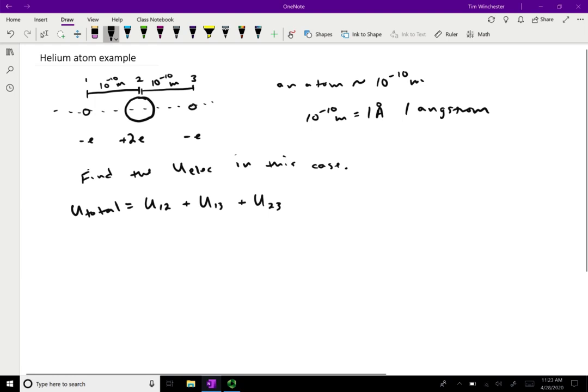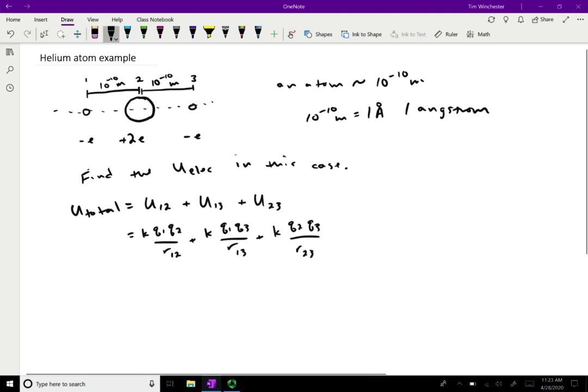The number of pairs grows rapidly as you add more particles. So essentially what we want to do is just plug in k q1 q2 over r for each of these. This one will be k q1 q3 over r. And I should be specific about the r's now. So this first one was r12, the second one's r13, and the last one is k q2 q3 over r23.